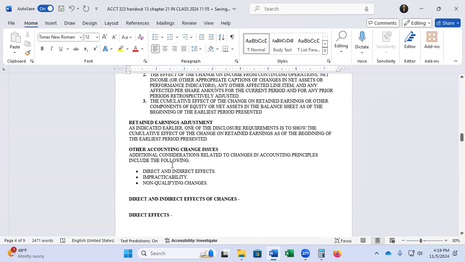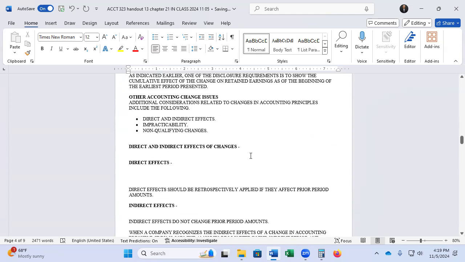Some of the other accounting change issues that you'll run into are direct and indirect effects of changes. I couldn't really find a good definition for direct effects, but I think I have what characterizes it.